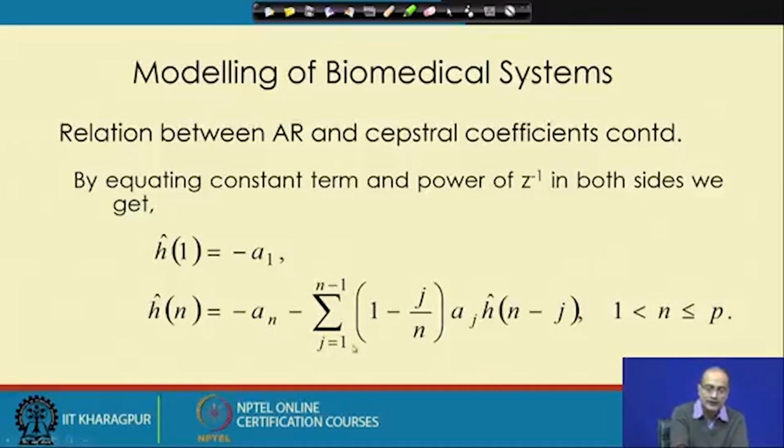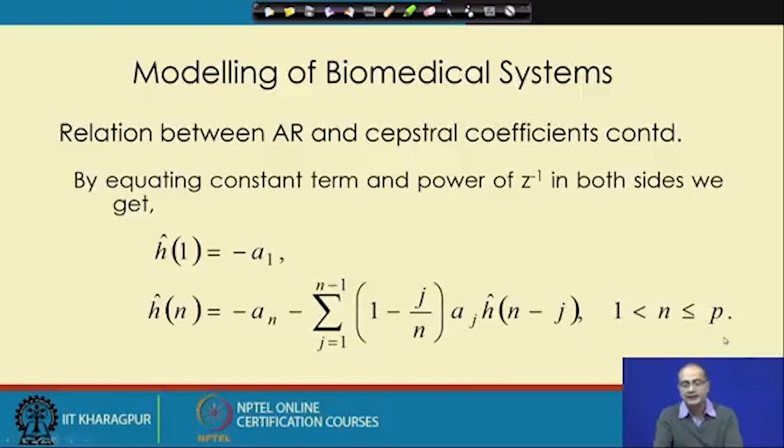As we compute h hat 1, using that we can compute h hat 2, and using h hat 1 and h hat 2 we can compute h hat 3. In that way we can go up to the pth coefficient, so the p cepstral coefficients we can compute in that way.